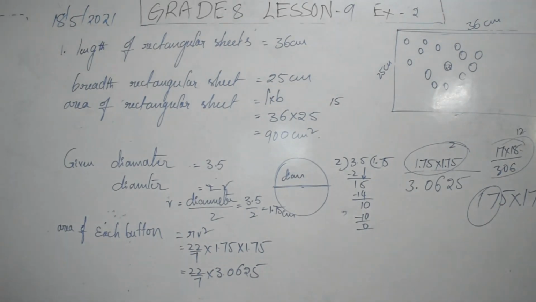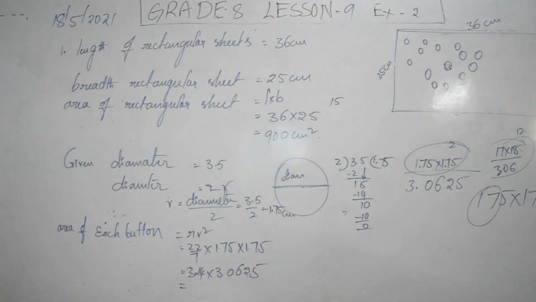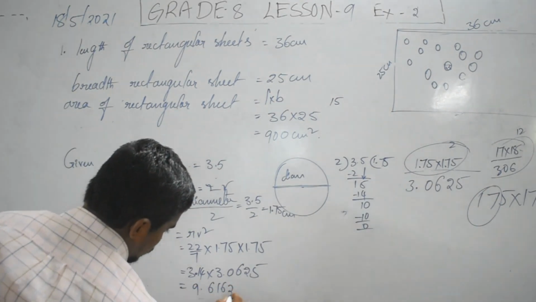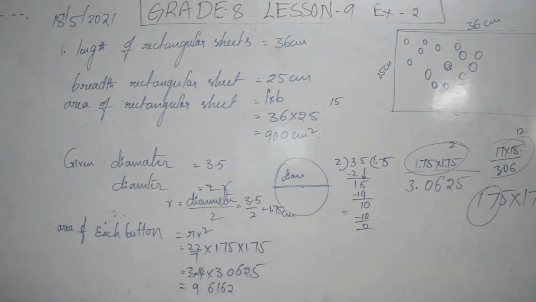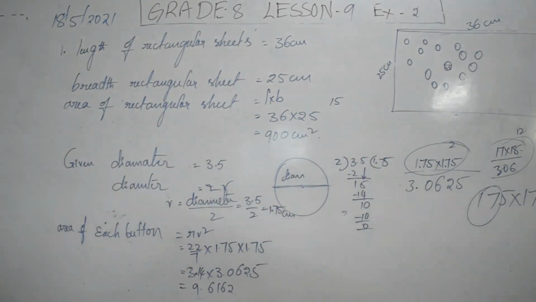Yes, 3.14 cross out 3.0625. That gives 9.6162. That is the area of each button. Their total, how many buttons? 56 buttons. Now find the area of the total buttons.